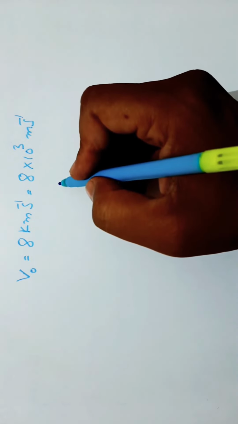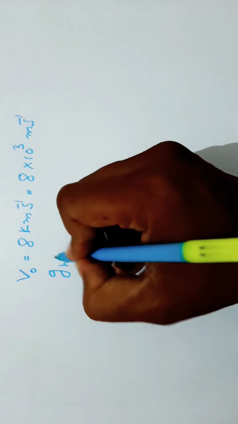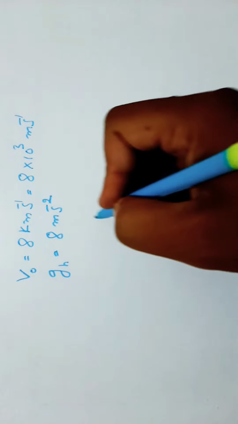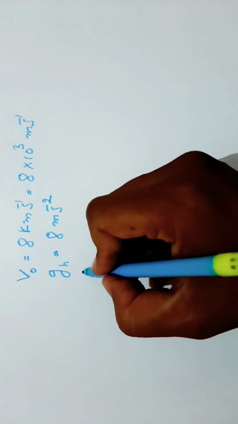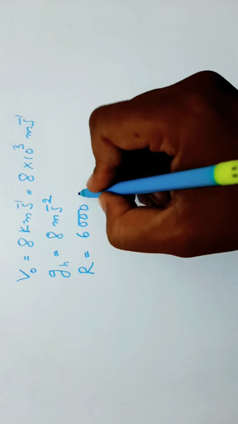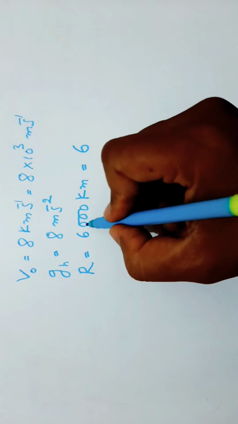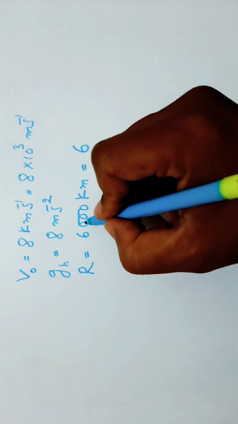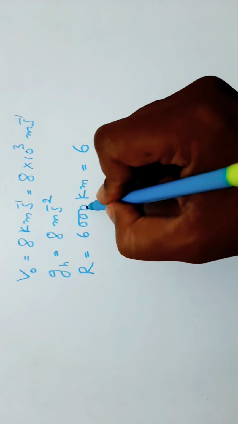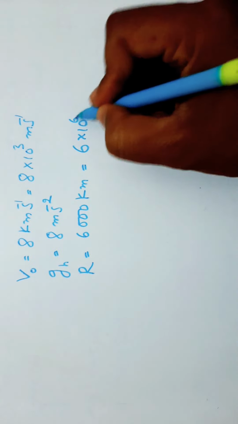At height h, the acceleration due to gravity is given, that is gh is equal to 8 meter per second square, and the radius of the planet is given, that is r is equal to 6000 kilometer. Convert into meter. So 6, then kilo is 10 to the power 3, so 3 zeros, that is 10 to the power 6 meters.